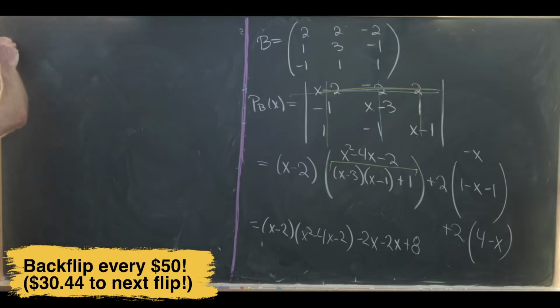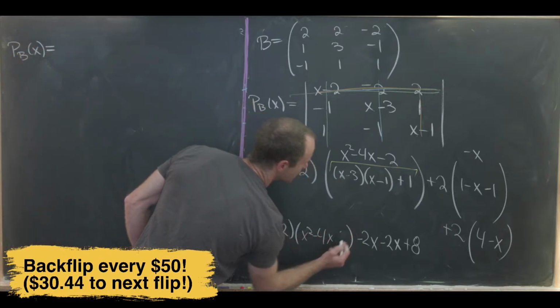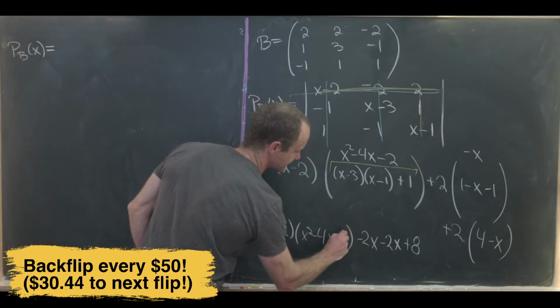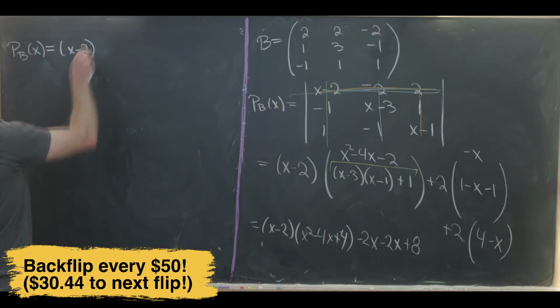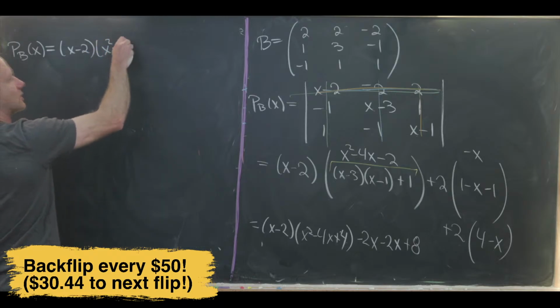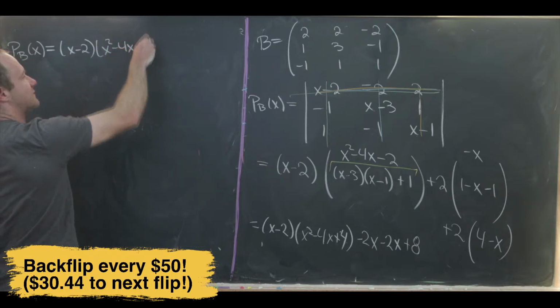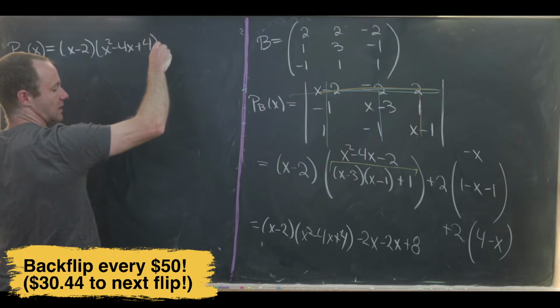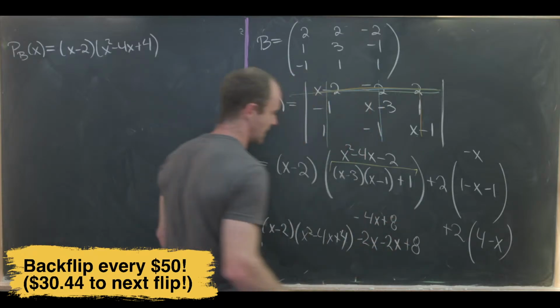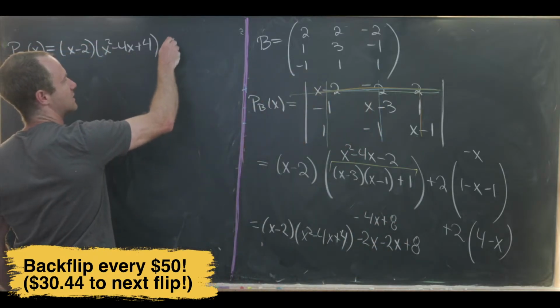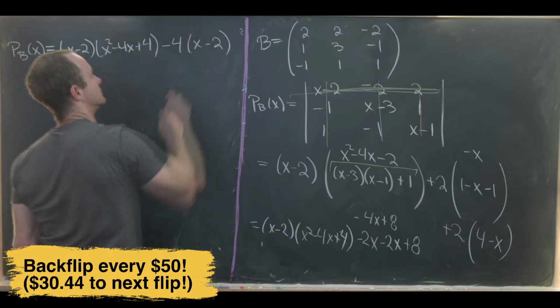Okay, so we've got p_B(x) equals, I feel like I made a mistake. I did. This should be plus 4. Okay, so I've got x minus 2, and then x squared minus 4x plus 4, and then let's notice that this is minus 4x plus 8. I can factor a minus 4 out of that, and I have an x minus 2.